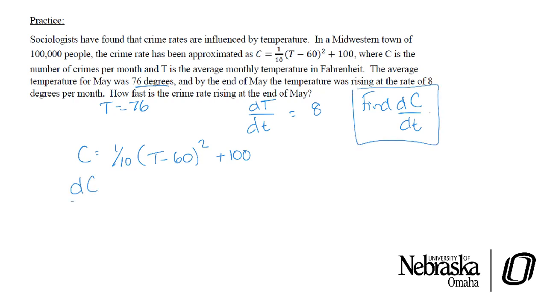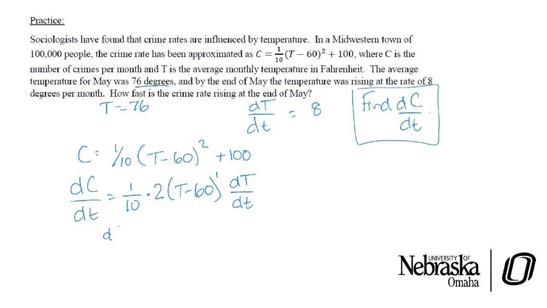If we take the derivative of both of these, remember 1/10 can just stay out front. First, you take the derivative of the outer function, so we would multiply by 2 out front, and then decrease the exponent by 1. And then we take the derivative of what's inside, so that would be dT with respect to little t. And the derivative of 100 is just 0.